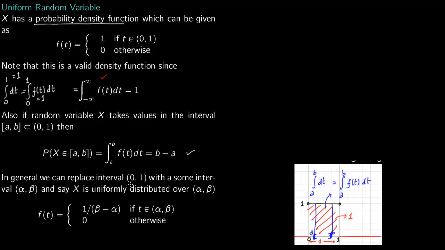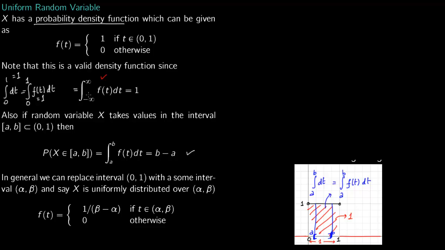So in general we can replace this interval 0 to 1 with some other interval, say alpha to beta, and then say X is uniformly distributed over alpha beta if f of t is given as 1 over beta minus alpha if t is an element of alpha to beta and 0 otherwise. So this you can see directly.